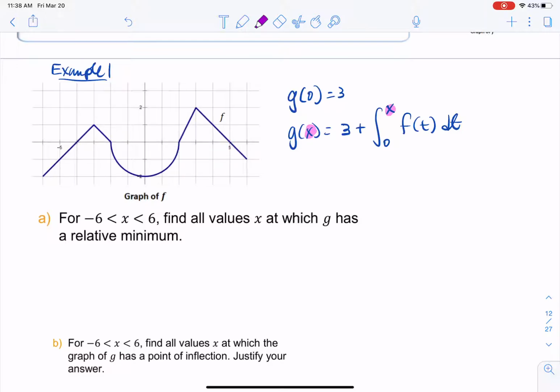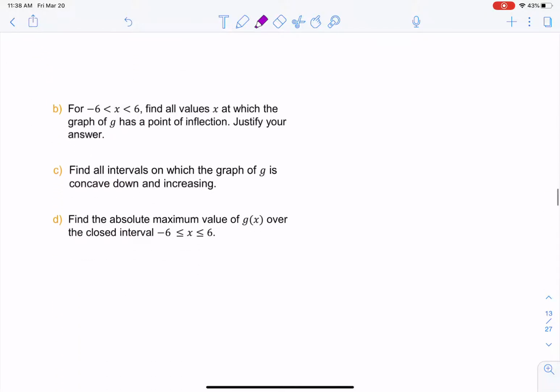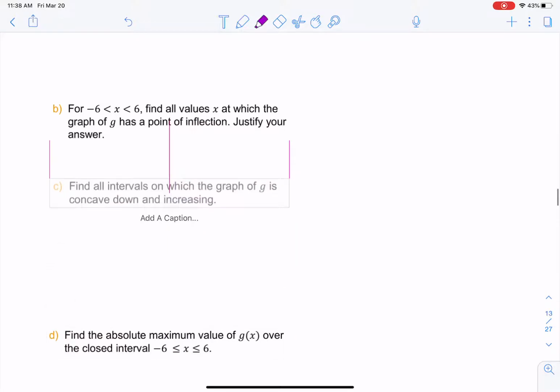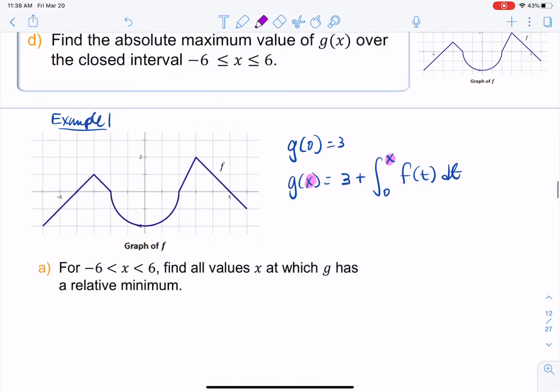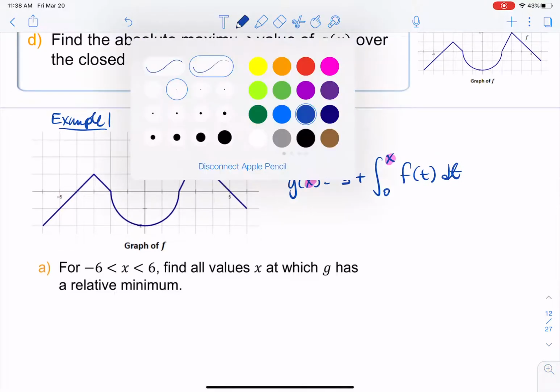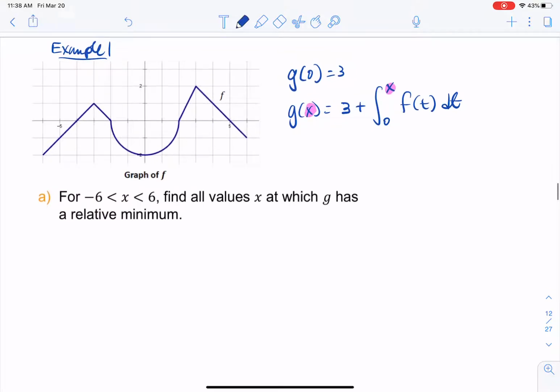Okay, so part A, find all values of x at which g has a relative minimum. Let me move some of this other stuff down so I have more space to work. In order to find a relative minimum, we need to look at the derivative. So step number 1 is to take the g of x function and take its derivative.